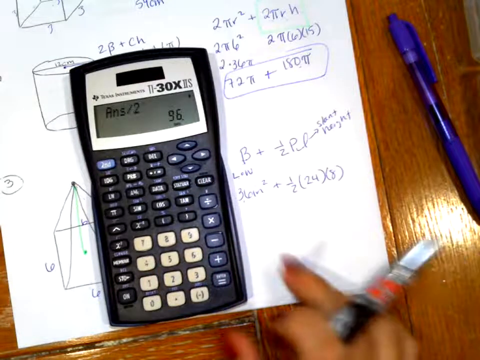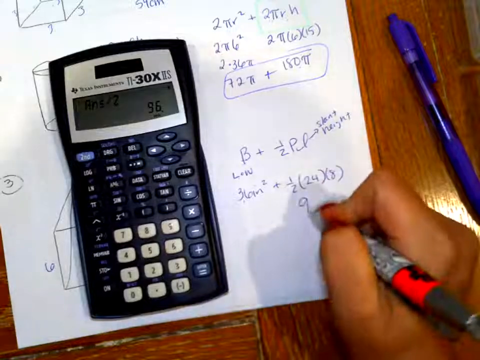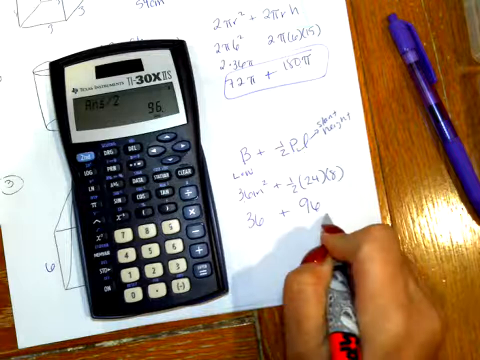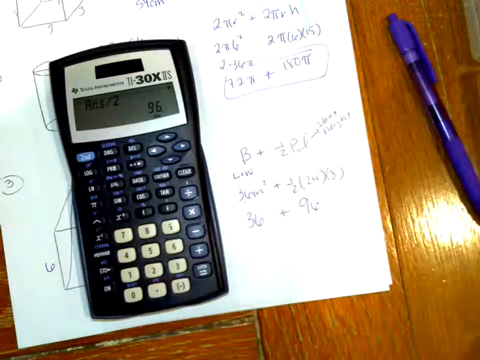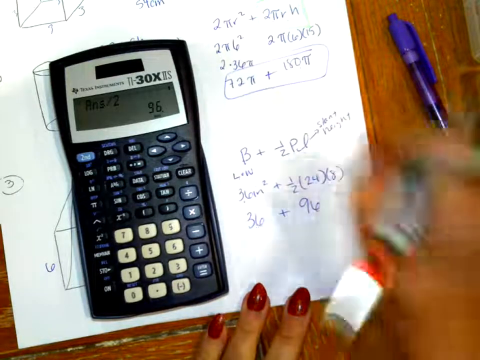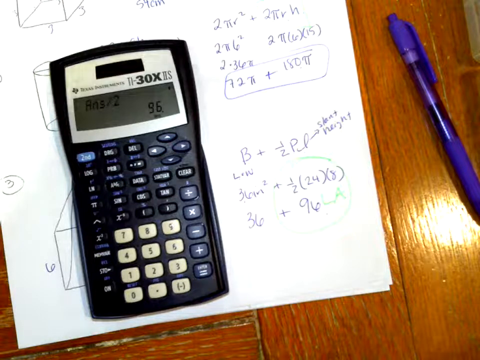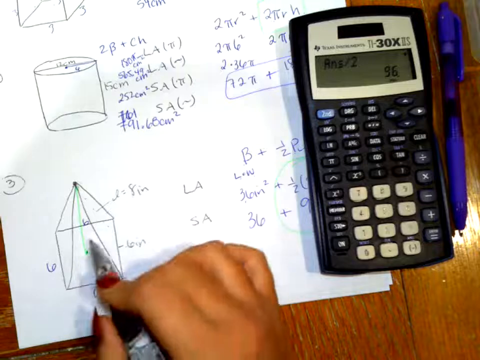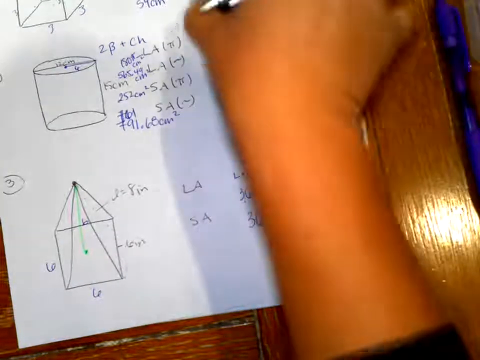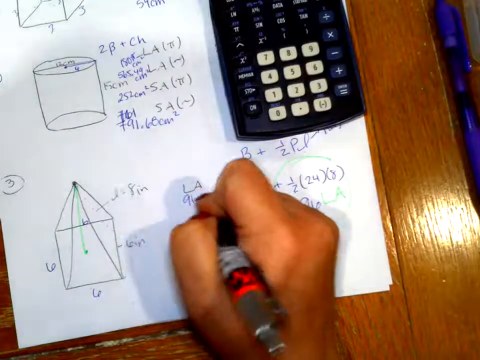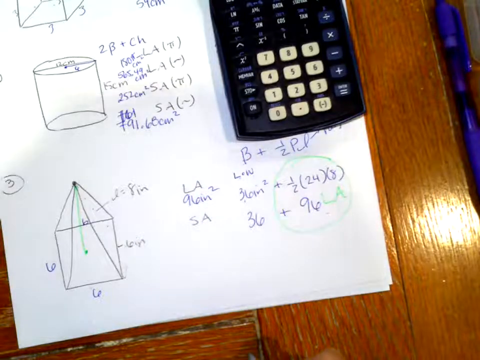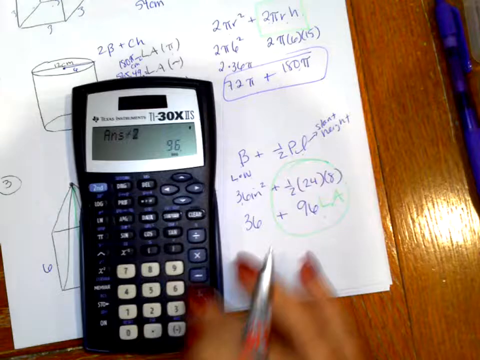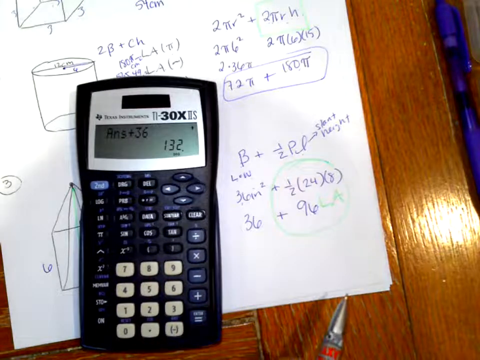It's going to give me 96. Okay, so I've got 36, and then I've got 96. This guy right here, that's my lateral area. So lateral area, again, all these sides don't include the base. So my lateral area is 96 inches squared. My surface area, add these guys together, 96 plus 36, 132.